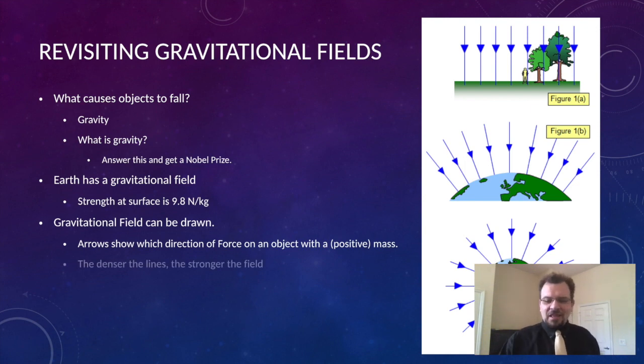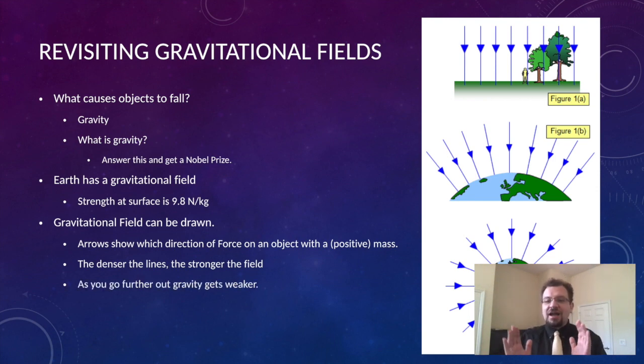So, a couple things here. The denser the lines, the stronger the gravitational field. Looking at the pictures of the round Earth, as you go out, those lines get further and further apart, and that means that the gravity gets weaker.